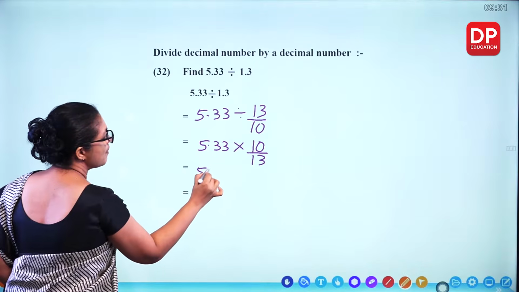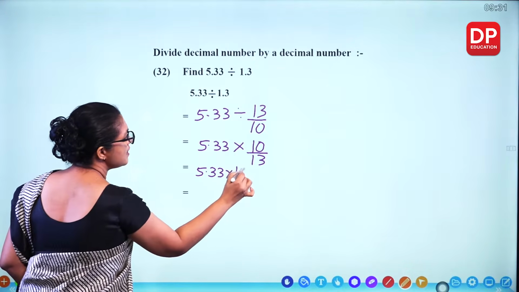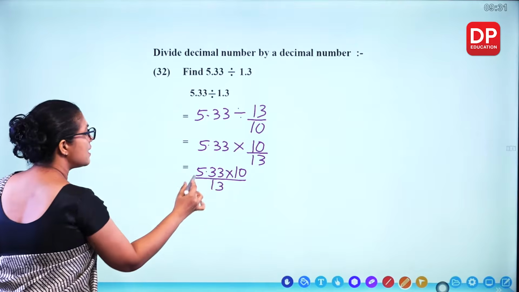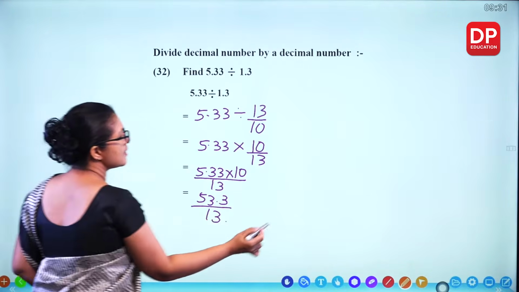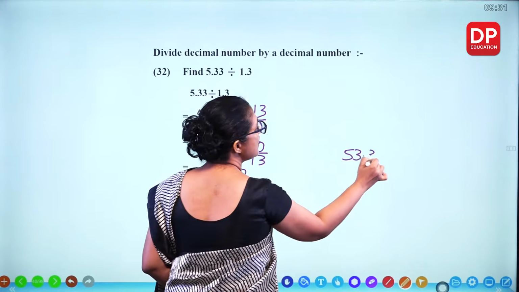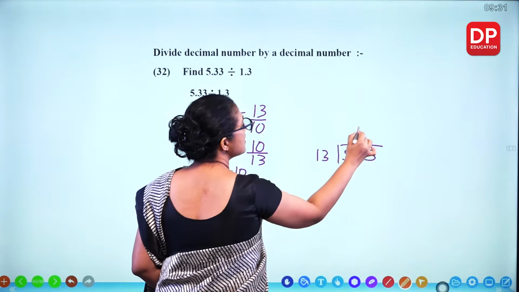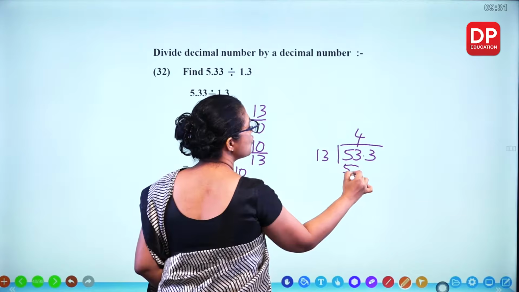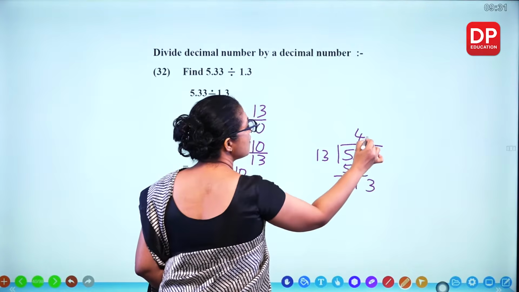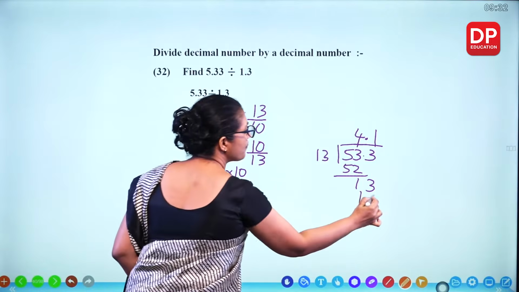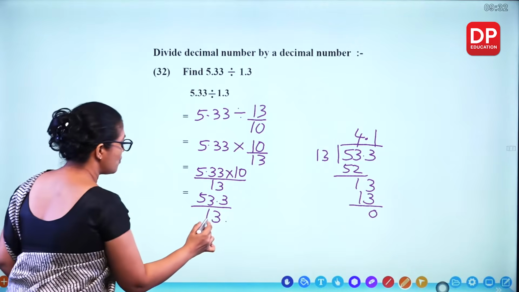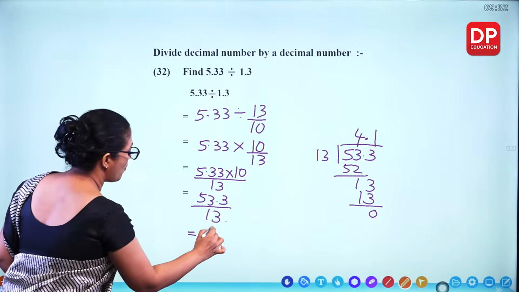Now 5.33 times 10 divided by 13, you get 53.3 divided by 13. So 53.3 divided by 13, 13 times 4, you get 52. 1 remaining for 13, it's 1. So you get 4.1.